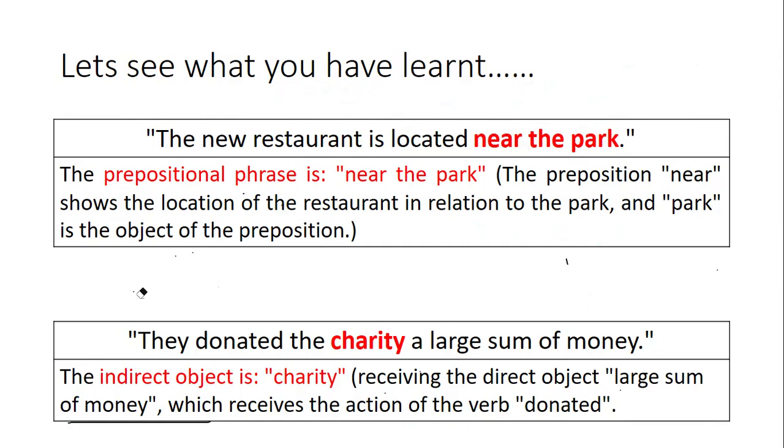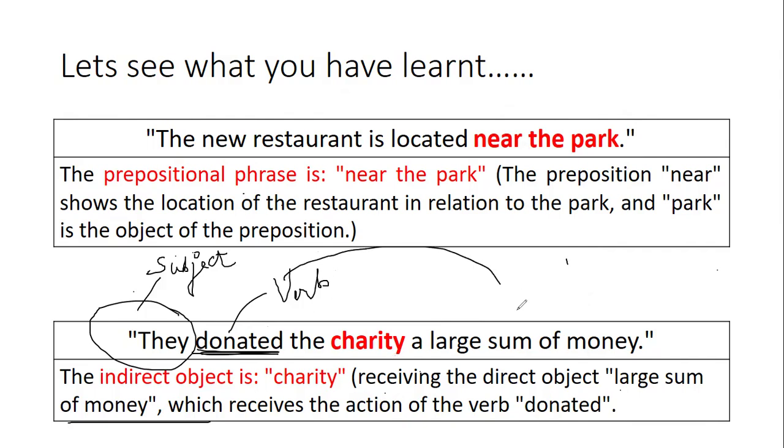They donated the charity a large sum of money. They, we are talking about a bunch of people. What action did they perform? Donated. Verb, action verb.